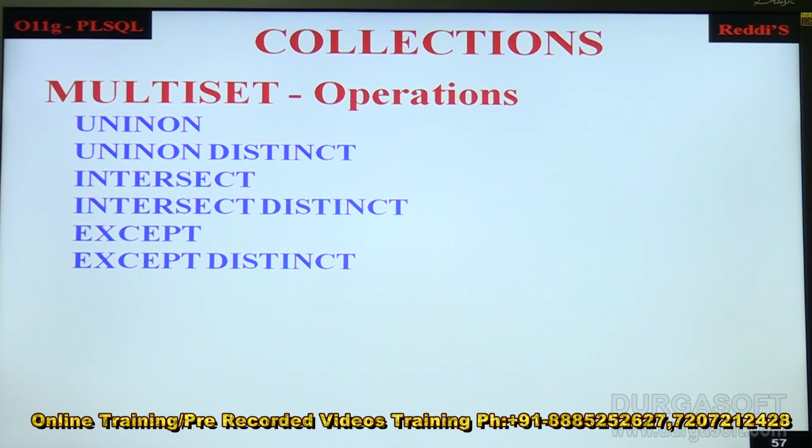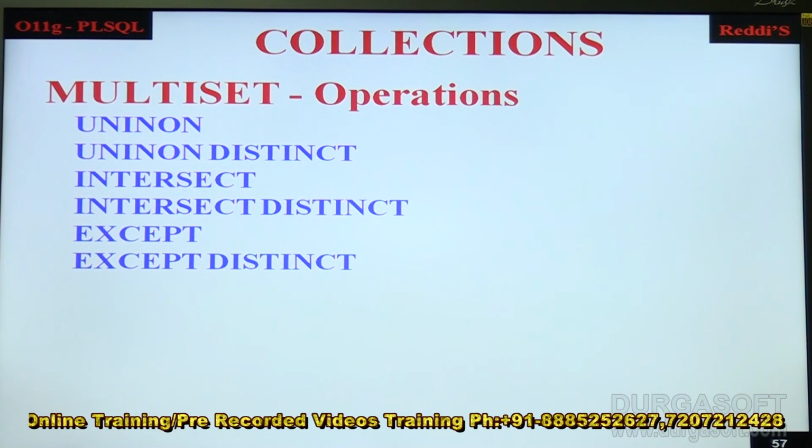So in this session, we have discussed the SQL level. Here we have V array, associative array, PL SQL table, nested table, and record at the PL SQL level. We do have methods for all these collections: count, first, last, prior, next, exists, delete, extend, and limit.